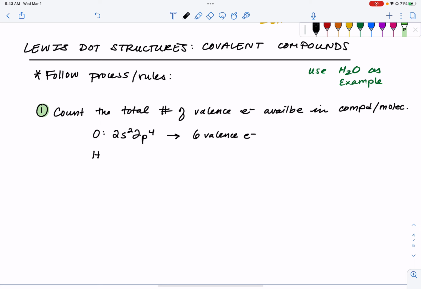And then hydrogen, of course, is just 1s1. And then remember, I've got 2 of these, so I'm going to double the amount of valence electrons contributed by my hydrogen, so that's in total 2 valence electrons.